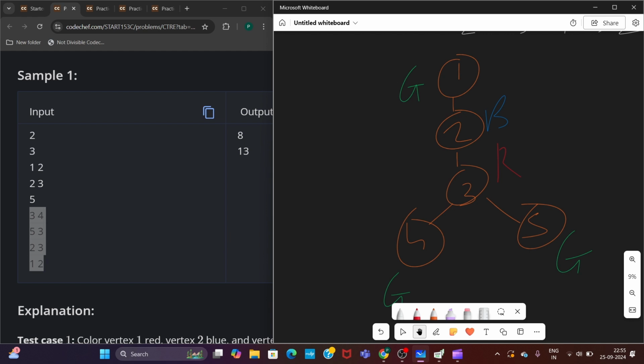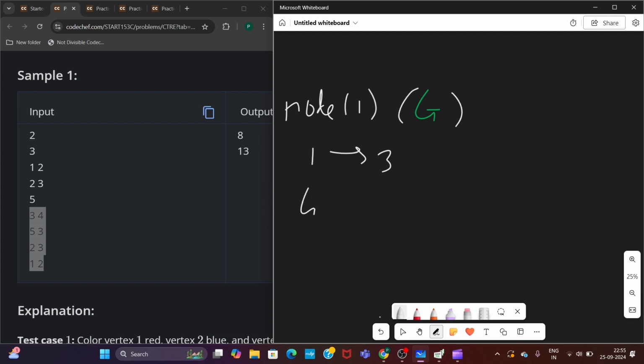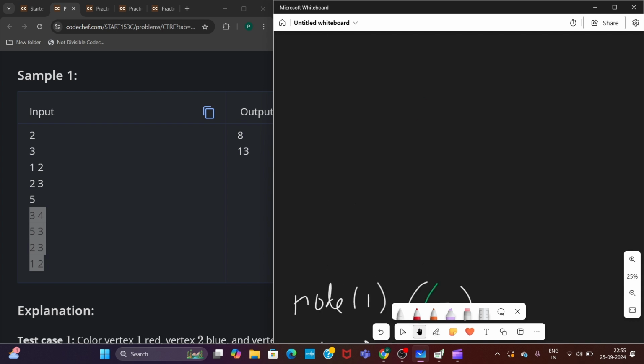So from green to red, our closest distance is 2. And then the closest blue, which is at node 2.